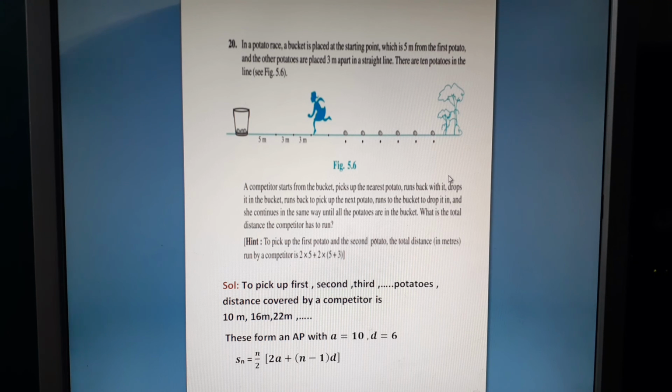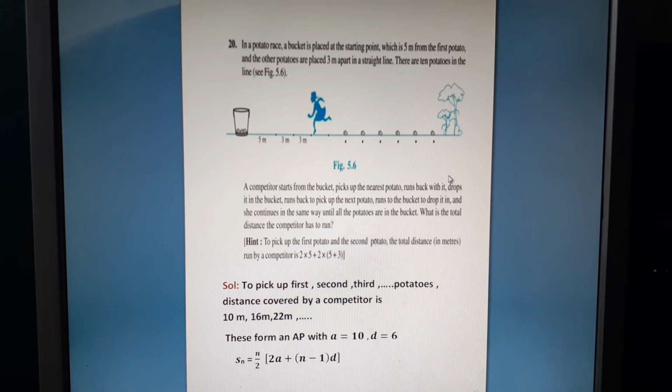To pick up first, second, third, etc. potatoes, distance covered by a competitor is 10 meters, 16 meters, 22 meters, etc. So here 2 into 5 is 10, plus 2 into 5 plus 3 is 2 into 8, 2 8s are 16.